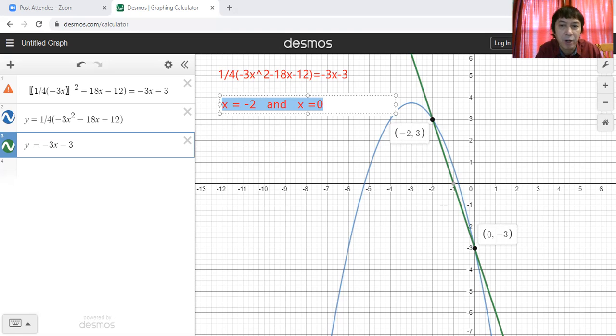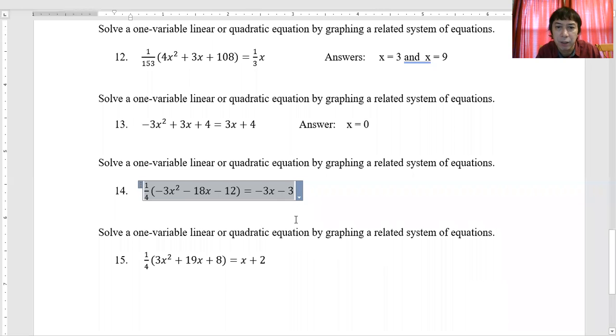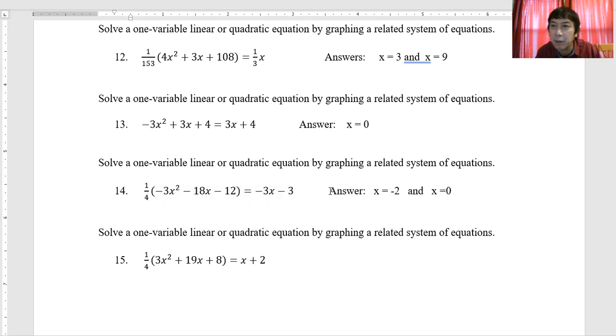Okay, and we're now ready to go to our source paper problem set. And this goes to number 14. Answers: x equals negative 2 and x equals 0.